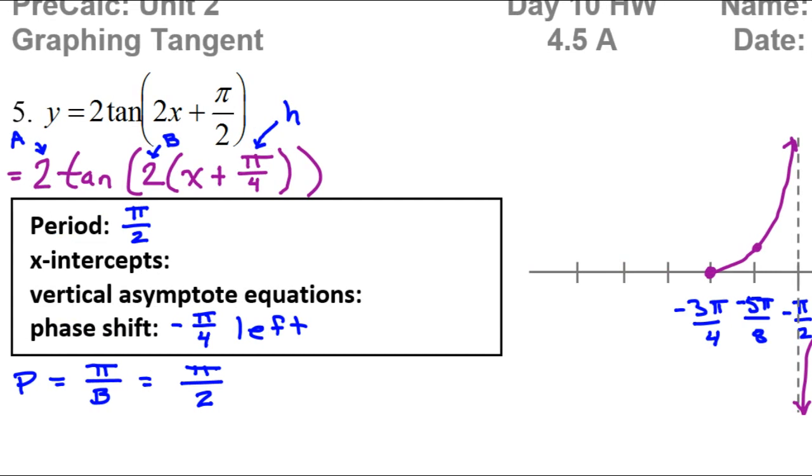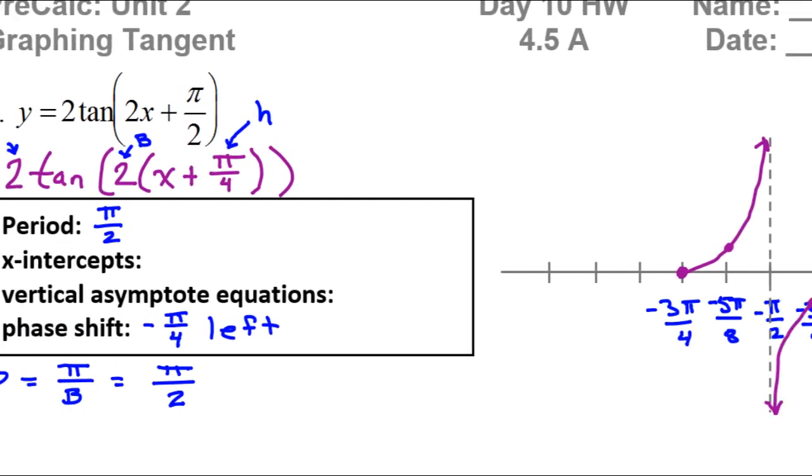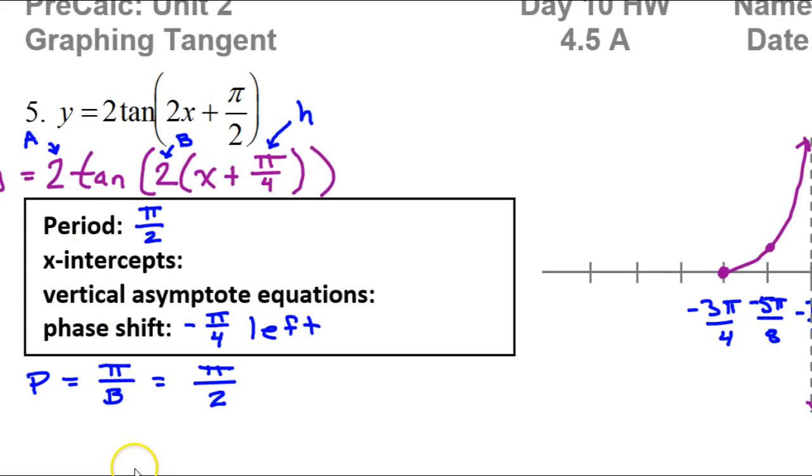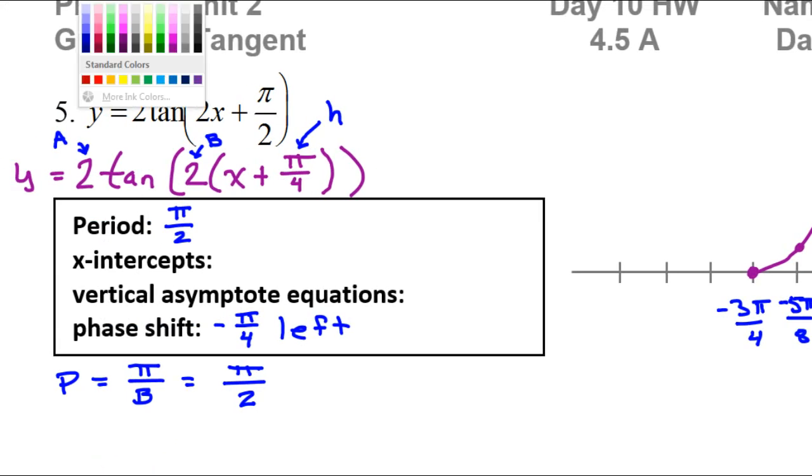Alright, so now as we talk about the x-intercepts, they only happen once each period, at the beginning, and then it doesn't happen again until the end. So I like to just start with my first positive x-intercept, which in this case is pi over 4, and I write that down.